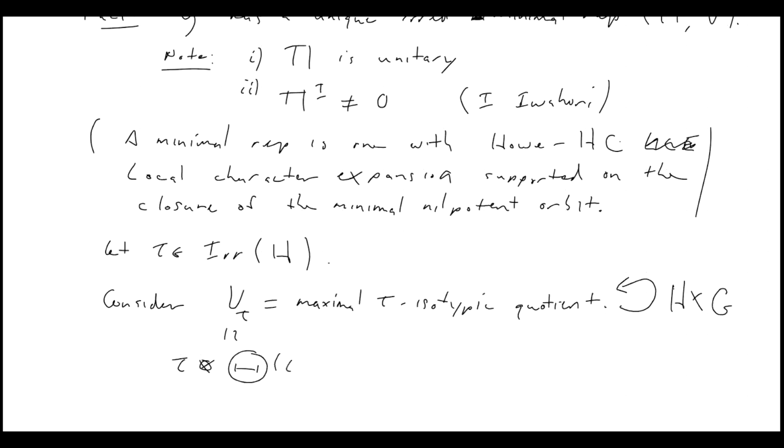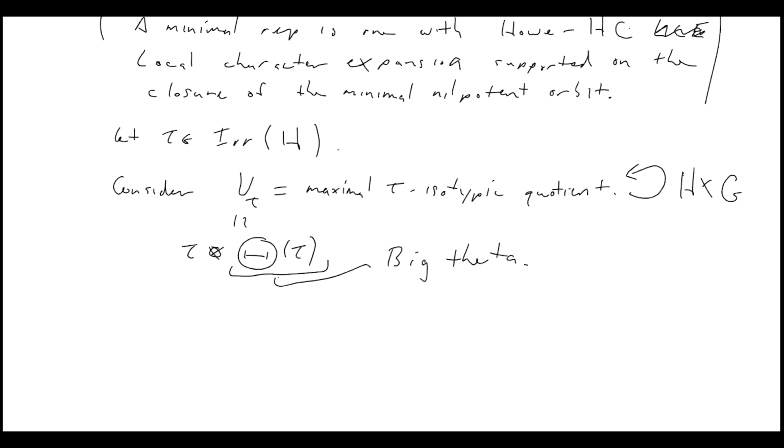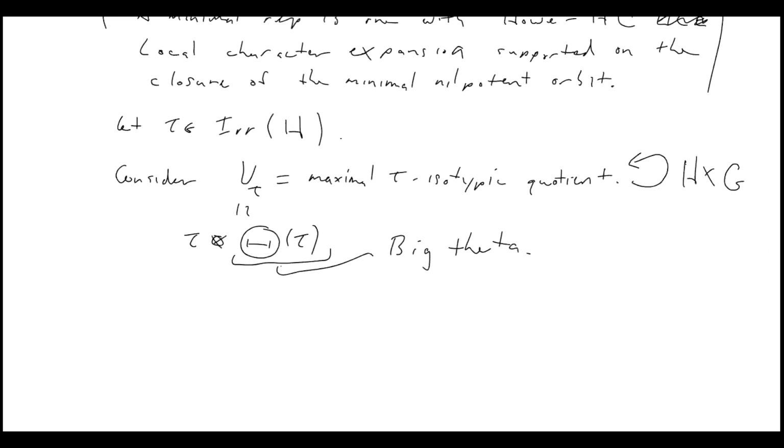So this is referred to as big theta. And just to be very explicit, so we have this product acting, the H is acting on tau in the usual fashion, and the G is acting on theta of tau. So theta of tau is a G representation.